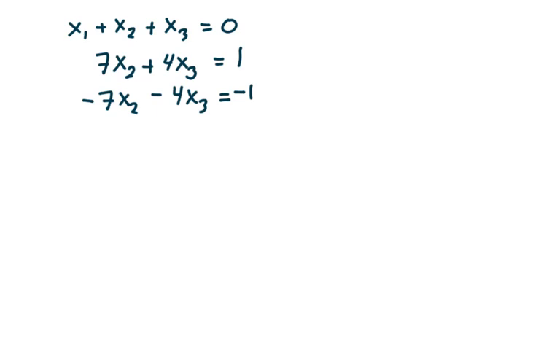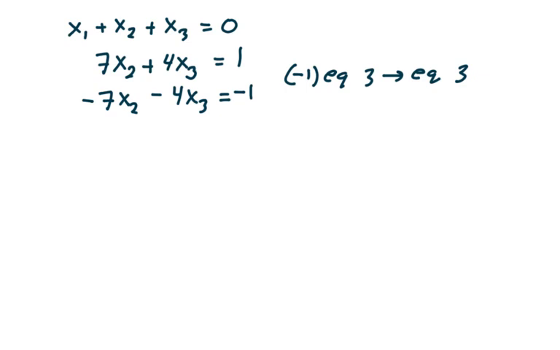So this one's interesting, right? Because I want you to notice something. If I take negative 1 times equation 3, and I put that result back into equation 3, I want you to notice how equations 2 and 3 end up being exactly the same.